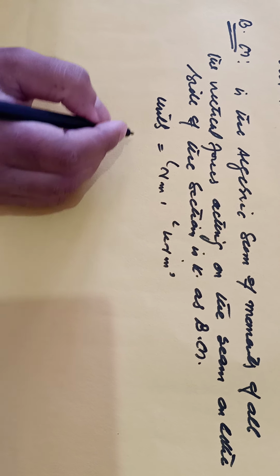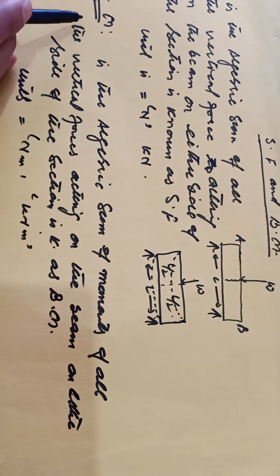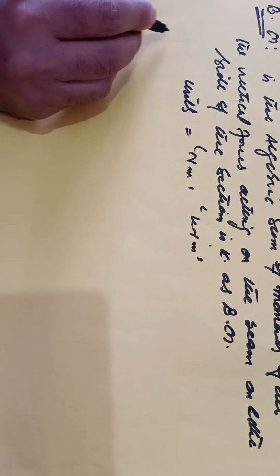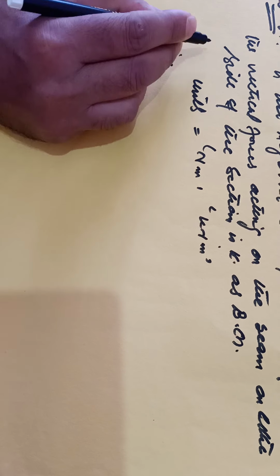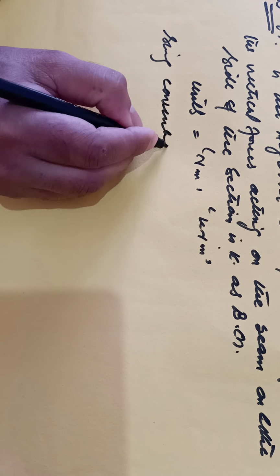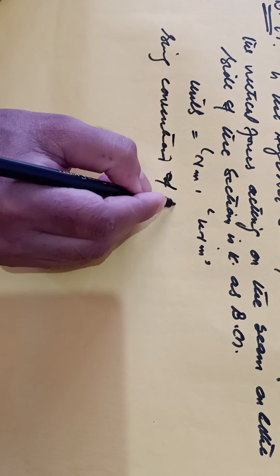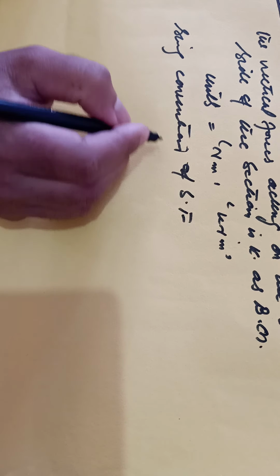Now another important point is, what are the sign conventions of shear force and what are the sign conventions of bending moment. While solving problems we will need these things. What is the sign convention of shear force?